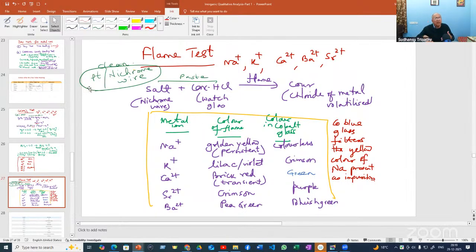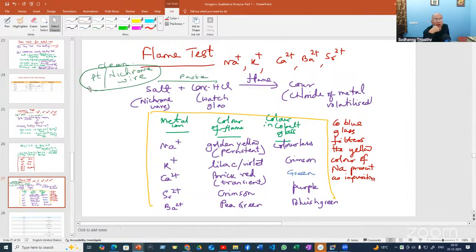In repeated manner, until you find that no color is coming, and then you reject that acid and watch glass, clean the watch glass, take fresh acid, and then add a little bit of salt and make a paste. Again put the tip of the nichrome wire or platinum wire and take some salt on that tip, or you make a loop. It is better to hold a larger quantity of salt, and show it to the flame, the non-luminous or oxidizing flame.